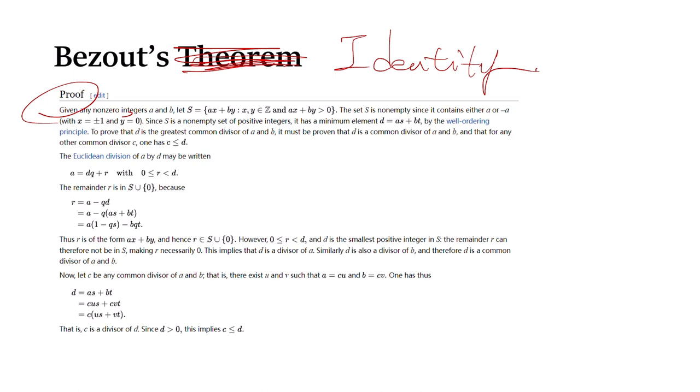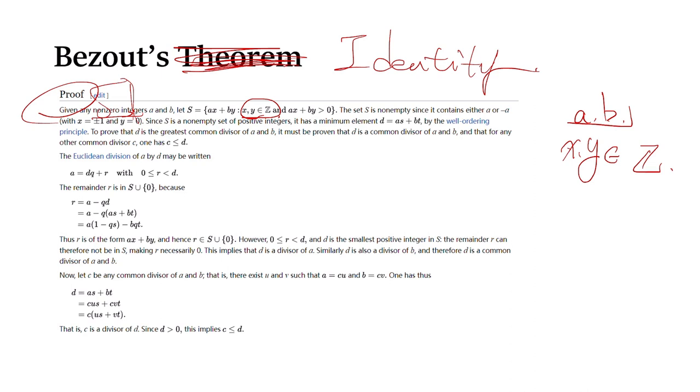For two positive integers, A and B, A and B do not have to be just non-zero. X and Y are integers.